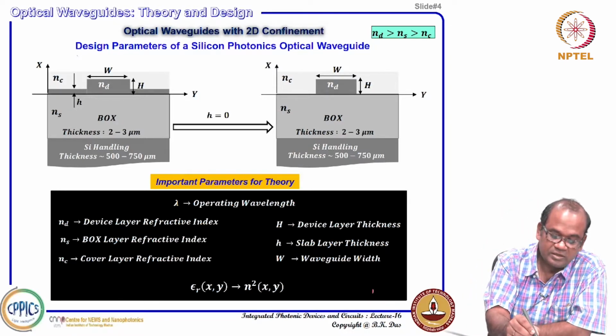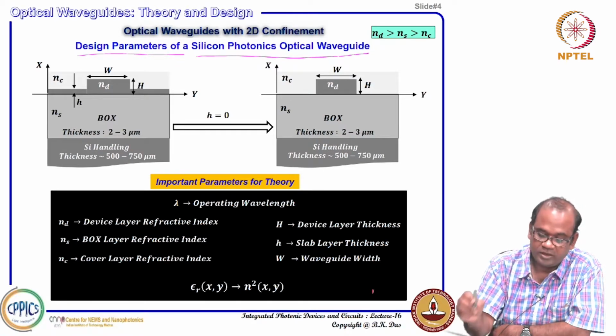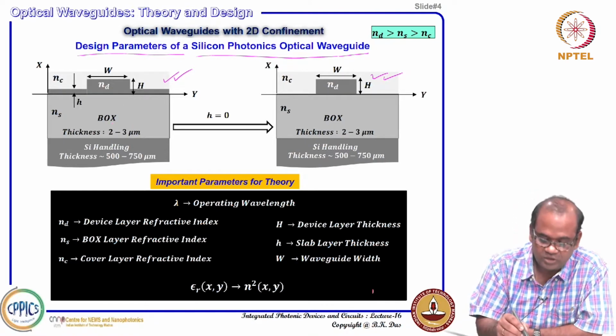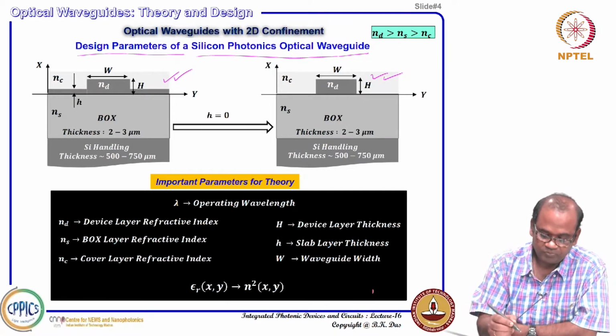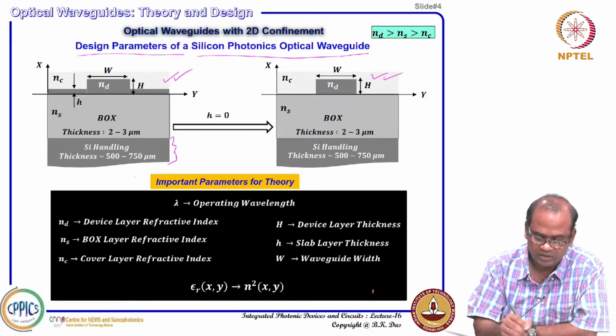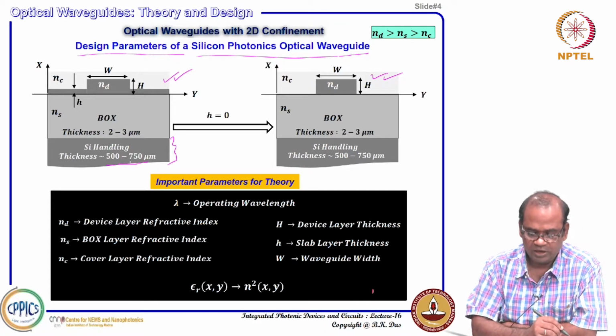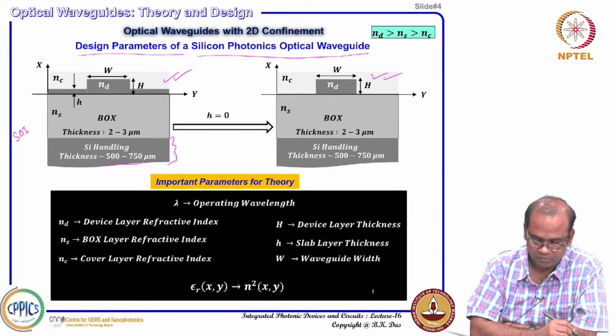So, here I mentioned the design parameters of a silicon photonics optical waveguide. Two types of waveguide I have shown, rib and this one. Basically they are identical. If I try to see what parameters are involved, first thing is that you have the substrate, a silicon handling wafer, thickness about 500 to 750 micrometer. This is an SOI substrate, right, silicon on insulator you are considering.